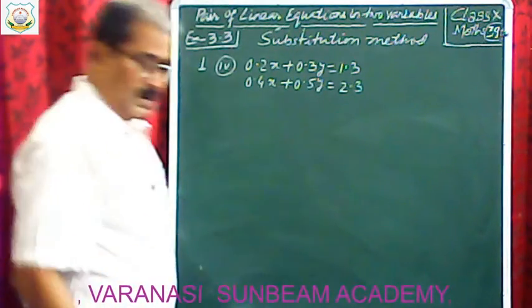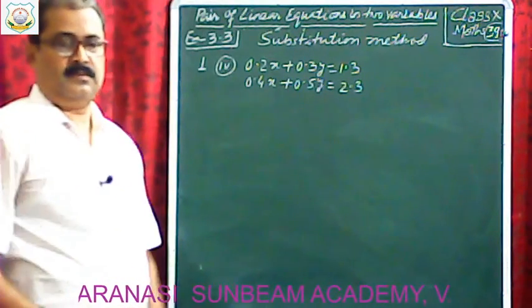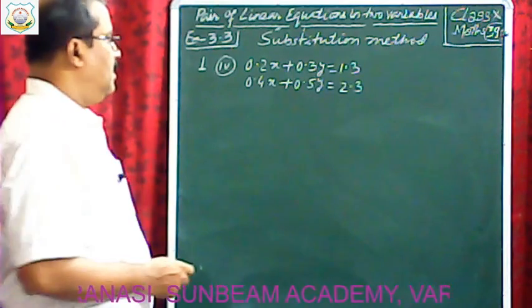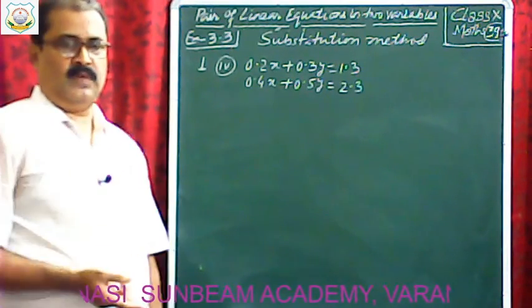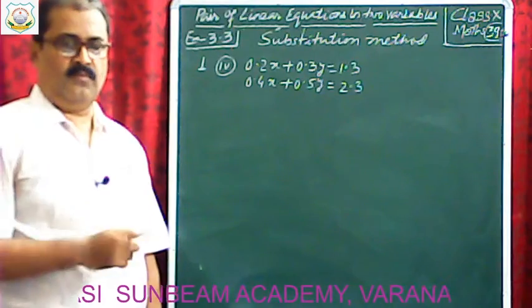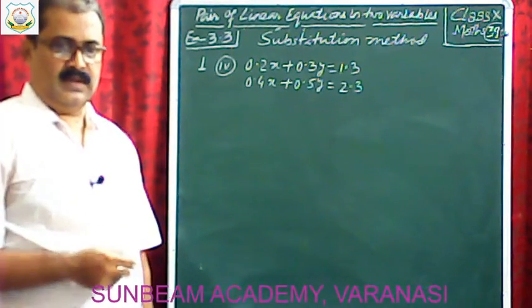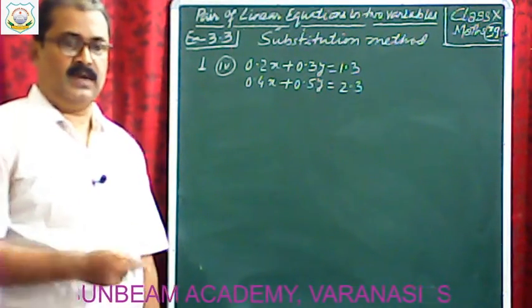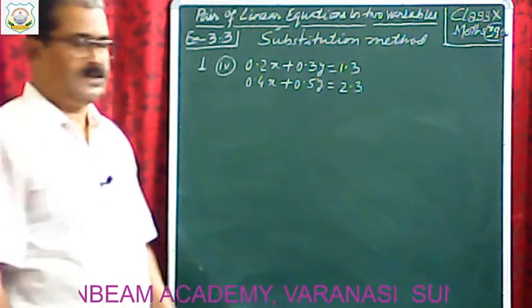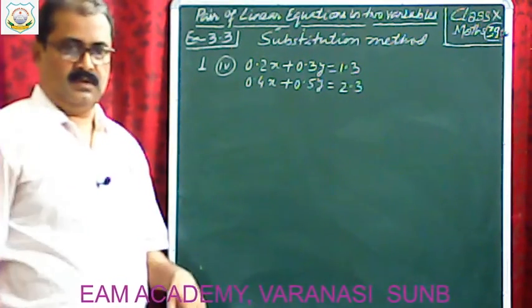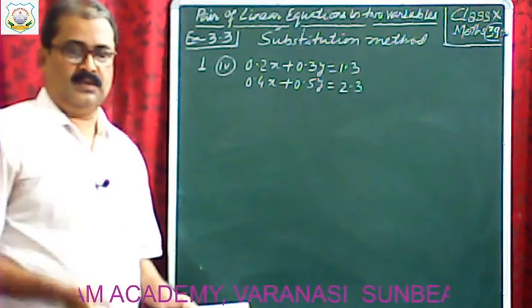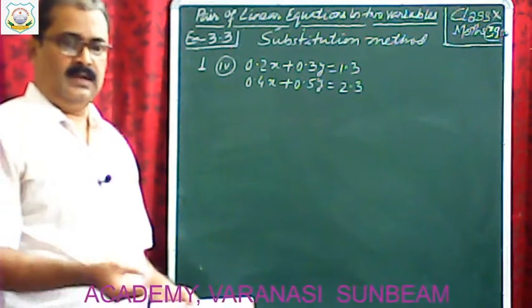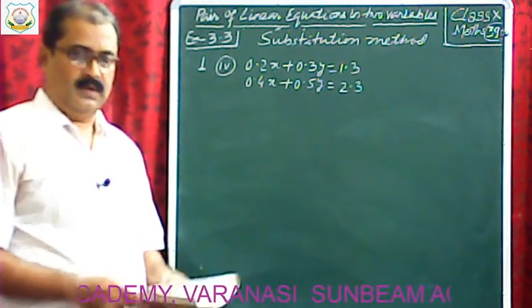In case of substitution method, you have to express either x in term of y or y in term of x from one equation, and whatever you get, you have to substitute that in second equation. Clear? Thereafter you get equation in one variable, and find the value of that variable.